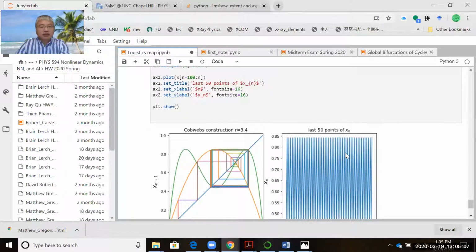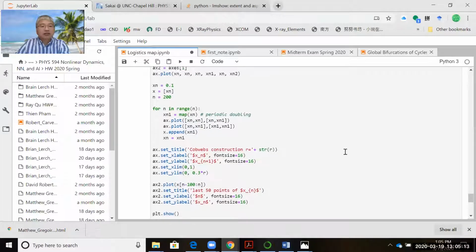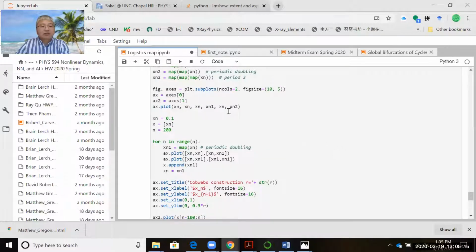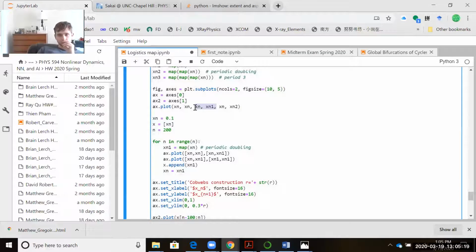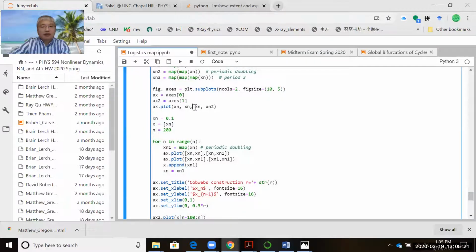Now let me get rid of some of these things, there are too many curves here. Let me only plot the square map.